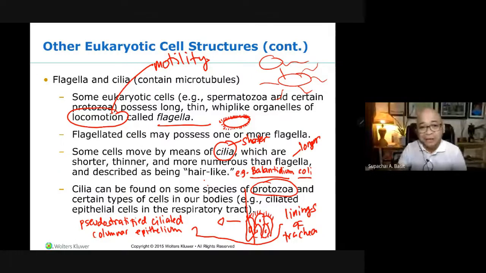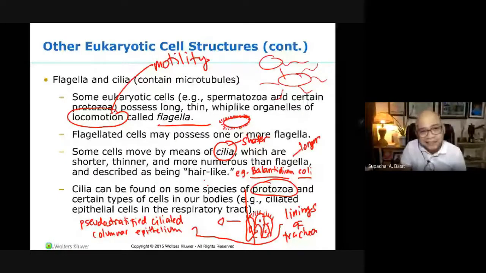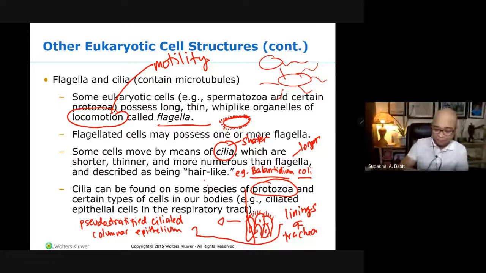Okay, it can propel away mucus, and as it moves away the mucus, we are also removing bacteria from our respiratory tract. So it's actually part of our body defense. Okay, so that's the pseudostratified ciliated columnar epithelium found in the linings of the trachea.